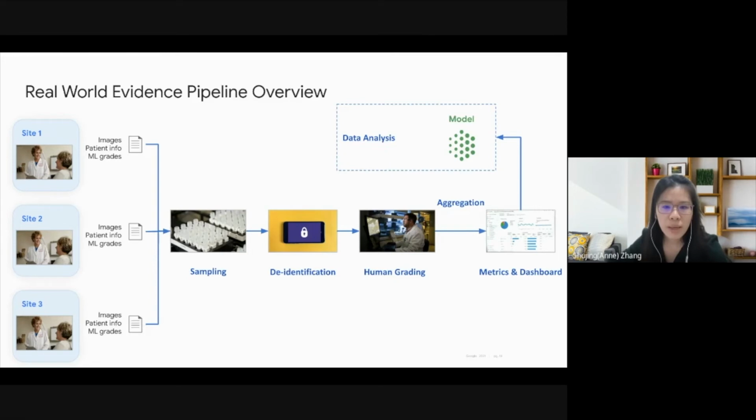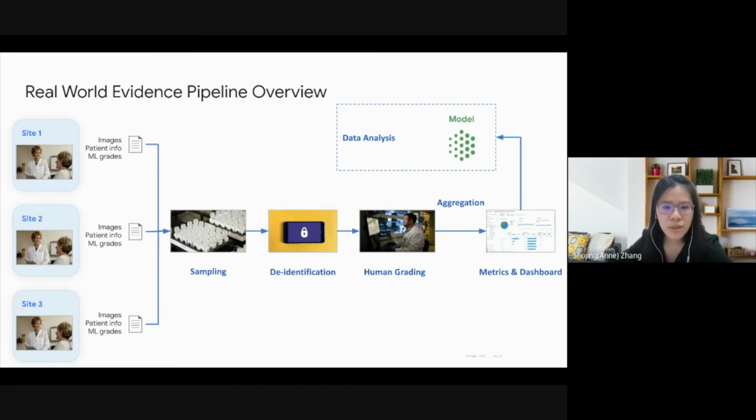To protect patient privacy, we perform the de-identification on those selected cases. After that, we send the case information for human grading. In most cases, those humans will be medical specialists so that we can collect human grading on the cases, and then we use those as ground truths for the case diagnosis.